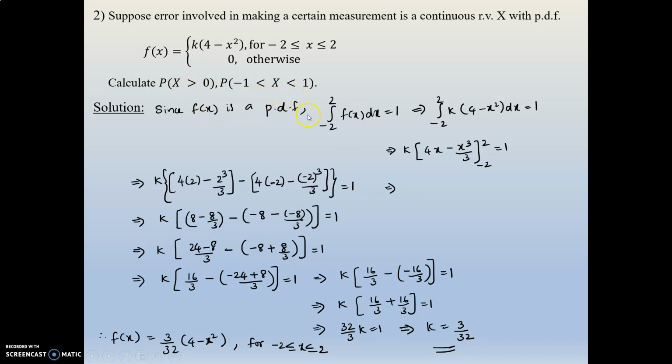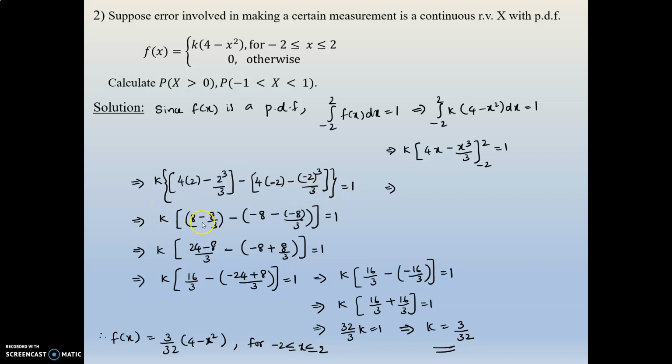Since f(x) is a probability density function, integral minus 2 to 2 f(x) dx is equal to 1. So integral minus 2 to 2 k into (4 minus x square) dx is equal to 1. So k into (4x minus x cube upon 3) from minus 2 to 2 equals 1. Applying the upper and lower limits, you will get k into [(4 into 2 minus 2 cube upon 3) minus (4 into minus 2 minus (minus 2) whole cube upon 3)] equal to 1.